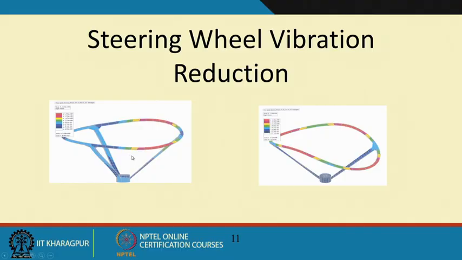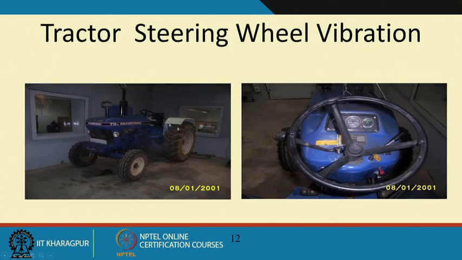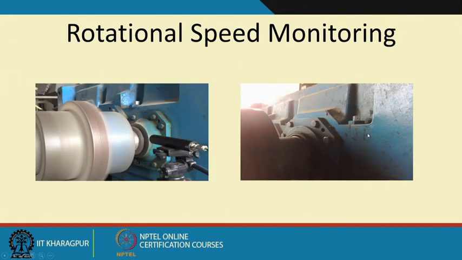So, through analysis, we shifted the natural frequency of the design of the steering wheel and avoided the condition of resonance, so that the vibration level reduced. And this is the same tractor which has been used for the measurements.